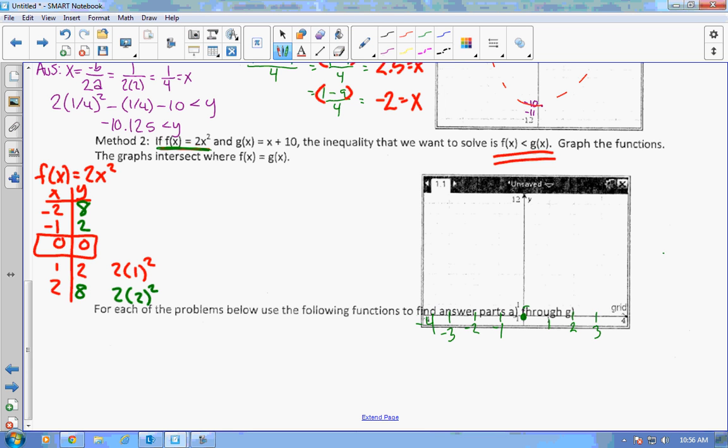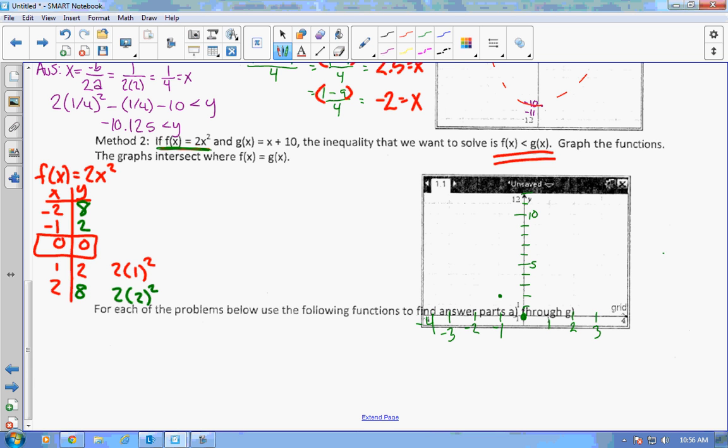And we need to plot negative 1, 2. Negative 2, 8. That works.